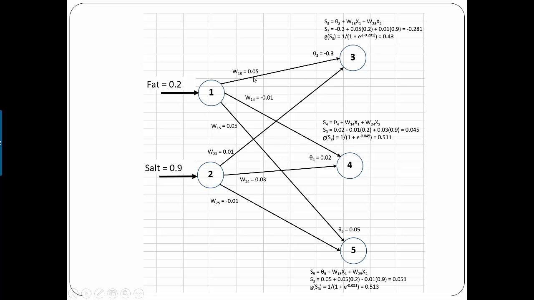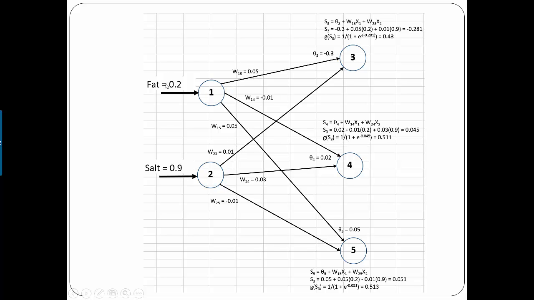Now let's see how node 3 will be calculated. We have to calculate the output value for the nodes using the input values. Again, there are 2 inputs coming in, 0.2 and 0.9, and they have weights of 0.05 and 0.01.